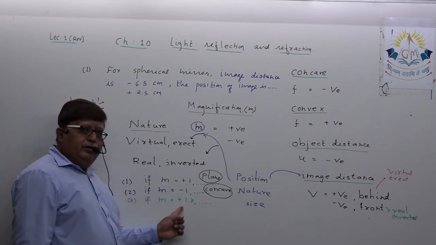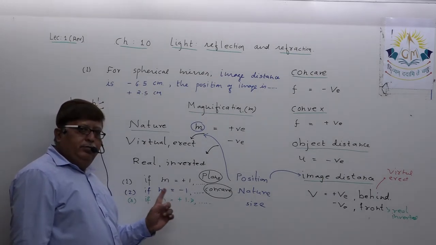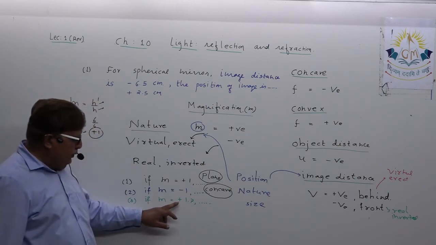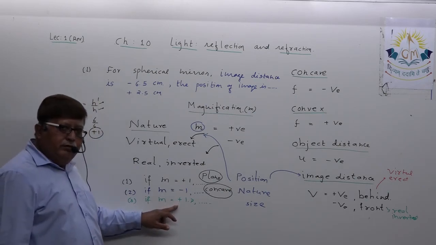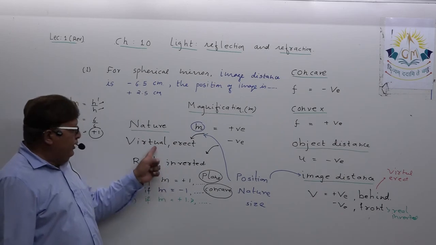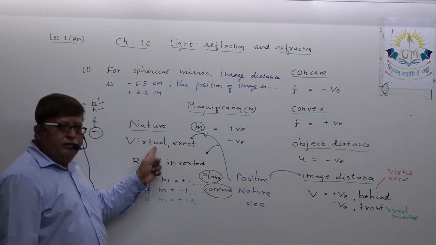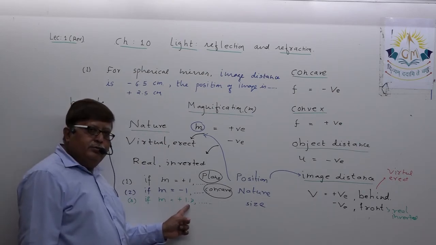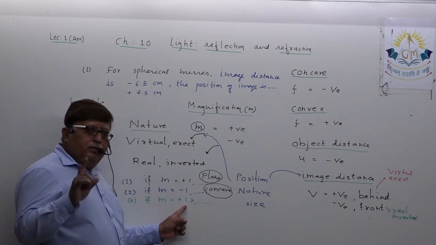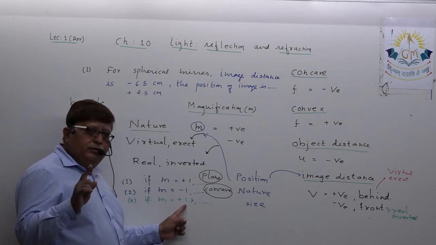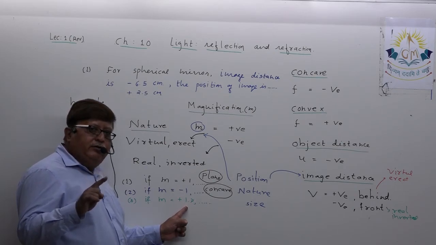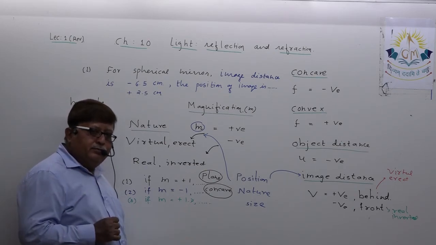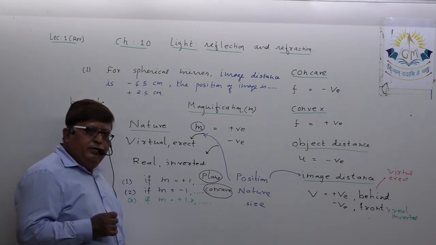So dear student, guess. Image is, see, mark all these words. Positive sign means basic concept clarity: virtual and erect. Can you guess now? Image is virtual, erect, and larger than the object. Which mirror can do this?